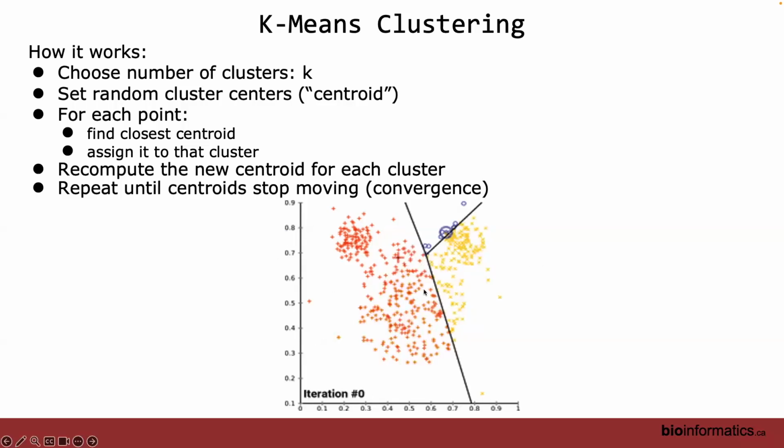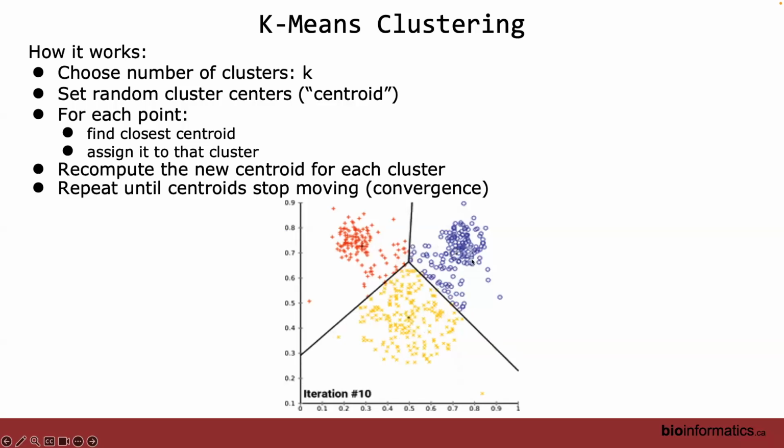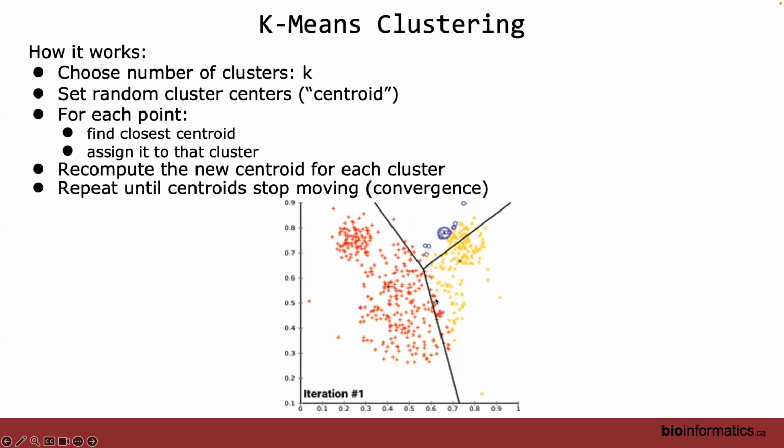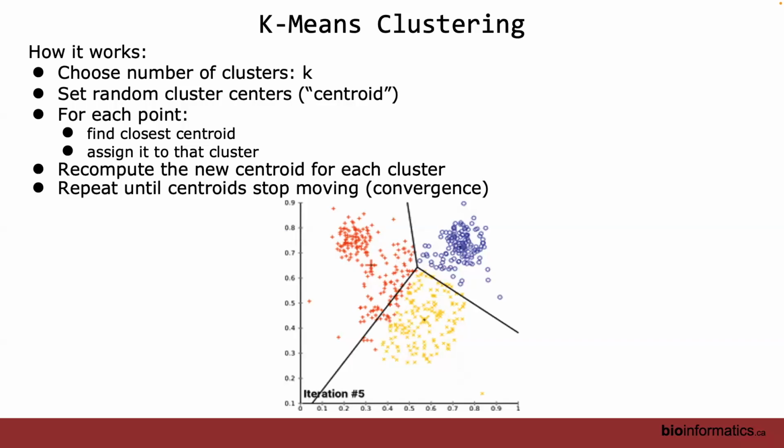And so what this algorithm does is it sets the centroid. It says, oh, you want 3 clusters? I'm going to throw 3 random dots. Then I'm going to bin your samples based on which centroid they're closest to. Now I have computed new clusters based on my binning, and I'm going to compute the centroid for each of these 3.